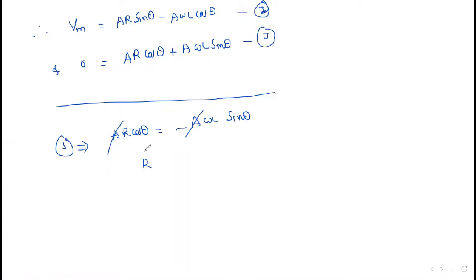R into cos theta, so cos theta I will throw to this side. This is equal to minus omega L into tan theta. Therefore, tan theta is equal to minus omega L by R. Is it plus only? Correct. Everything is correct.